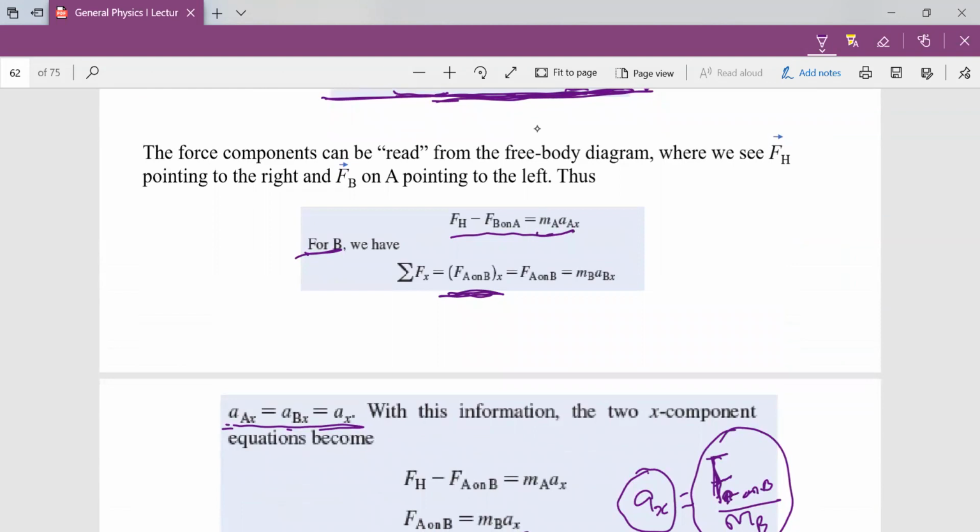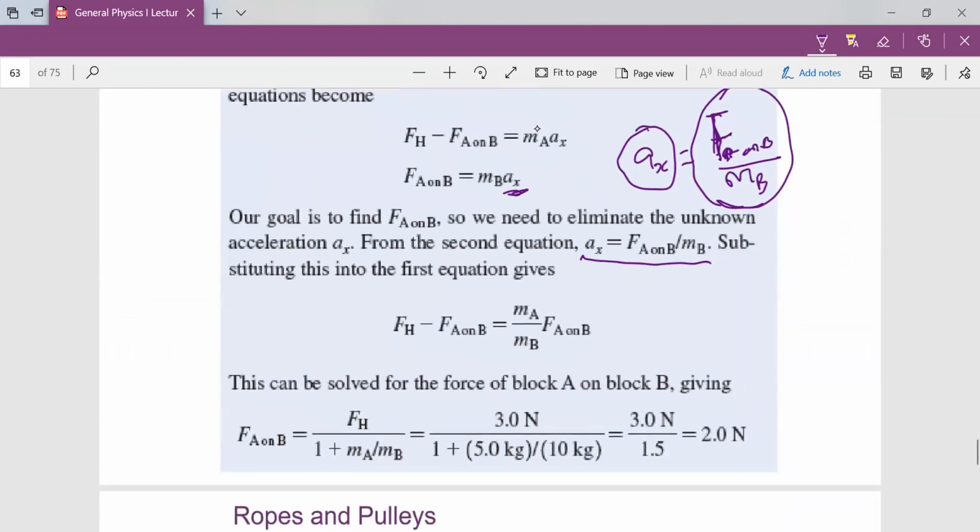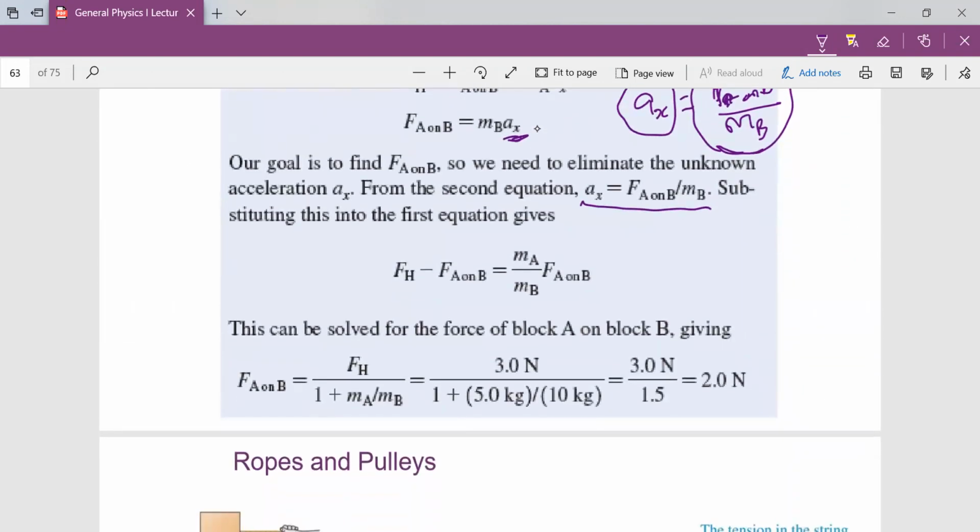So we are substituting for this acceleration: FH minus FA on B. We know where this is coming from.